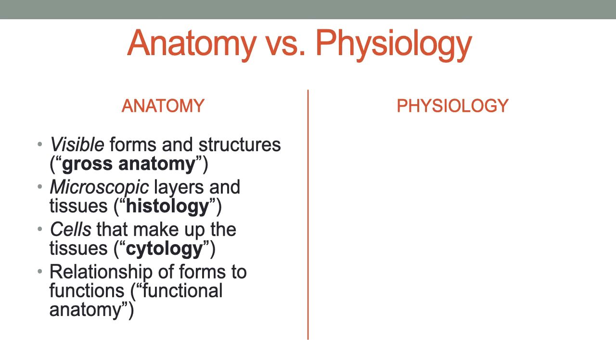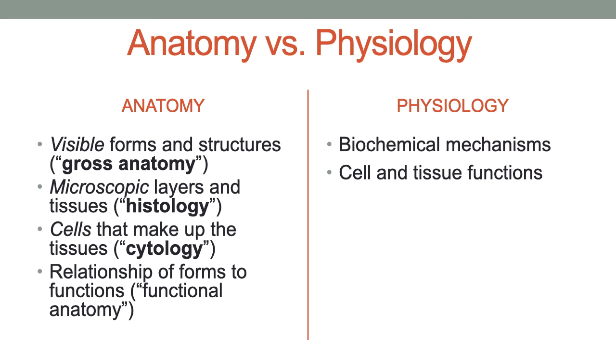Okay. So let's move on to physiology. Physiology, on the other hand, refers to biochemical mechanisms and the way in which these mechanisms support the functions of life. The study of physiology includes observations with both the naked eye and with microscopes, but it also often uses measurements and instruments to take those measurements.